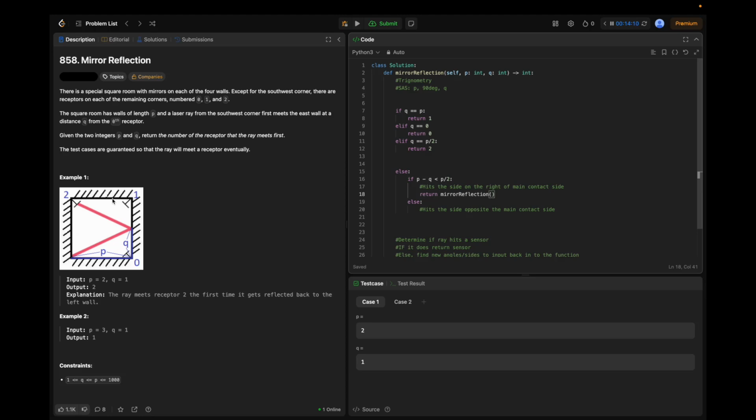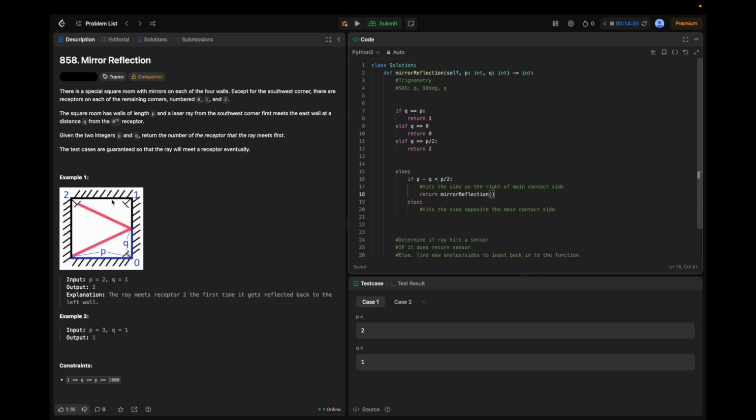So what if you make this point right here the southwest corner of a new square? So let's say I make p this differential, right? And that means that it would simulate the problem as if this is a square. I hope we can kind of draw that out, right?